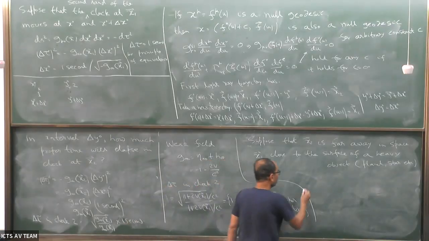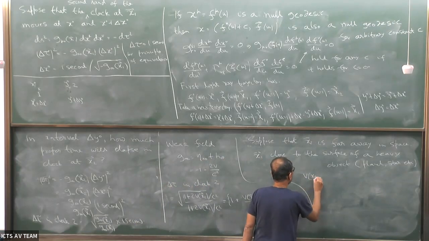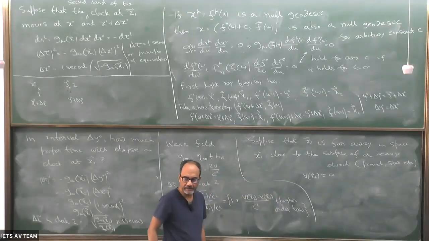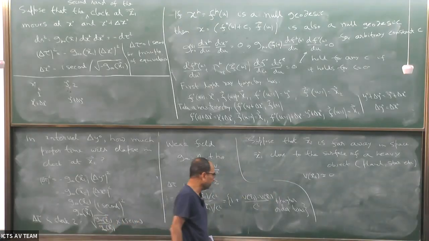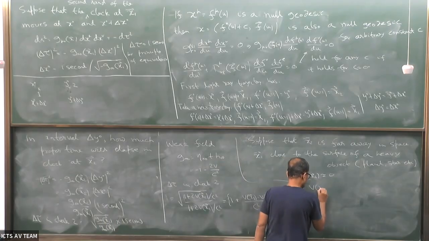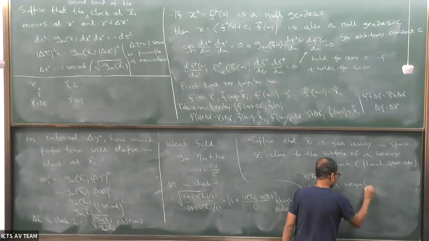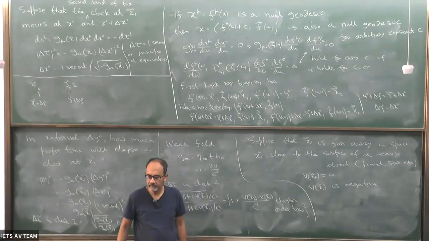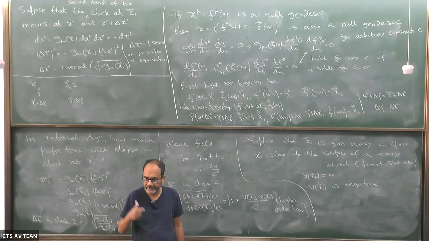Then V of x2 is almost 0, because far away the gravitational potential is 0. And V of x1 is negative. The gravitational potential of a massive object is negative, and the closer you are to the surface, the more negative it is: minus GM over r. That's the formula that we are using.